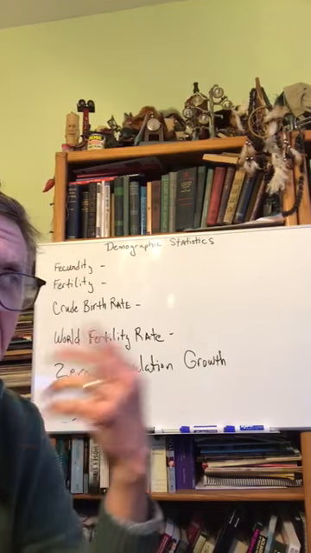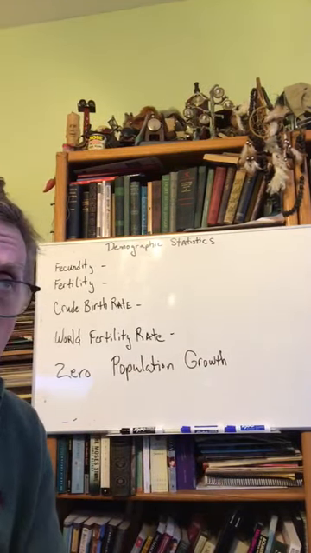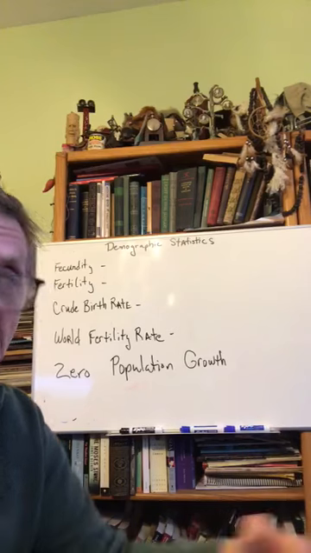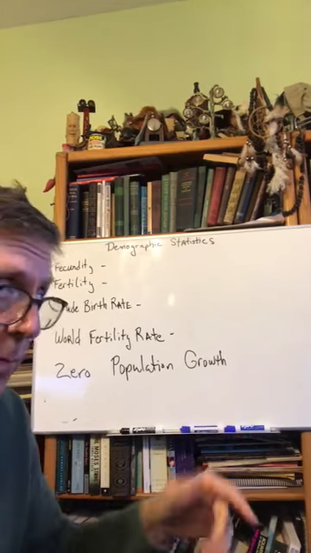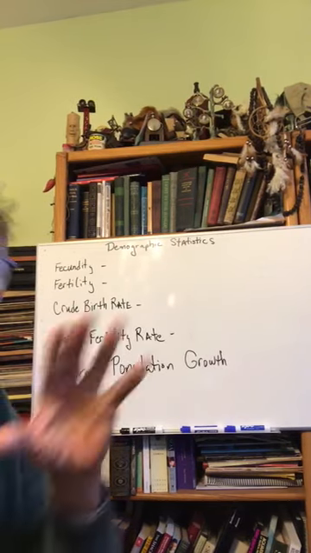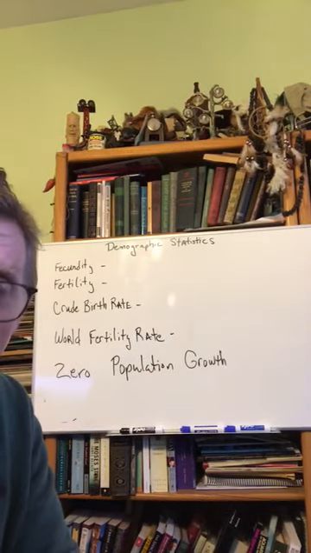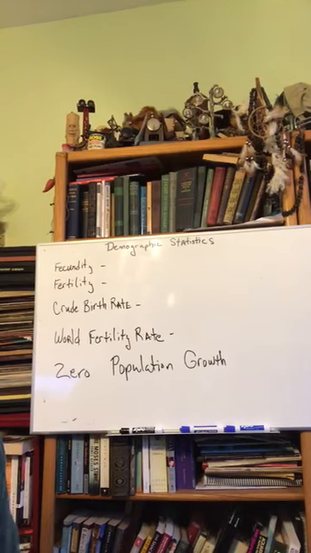And this would be the possible number of offspring they could have. It's not a realistic number because not every one of those eggs is fertilized and not every one of those eggs develops into an offspring. But fecundity is this sort of magical number of what could be produced. So it is the possible number of offspring.